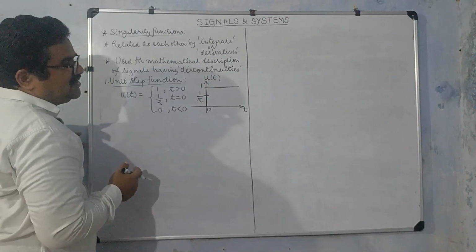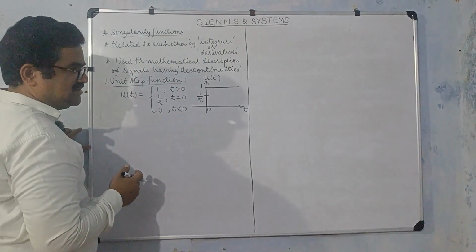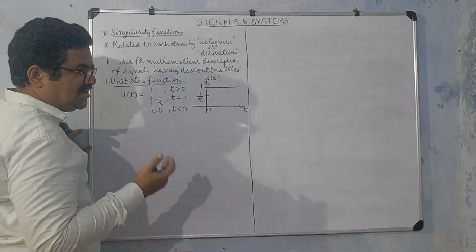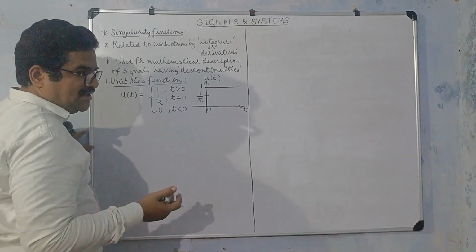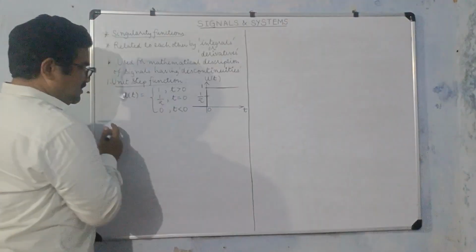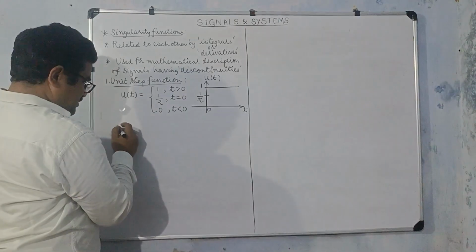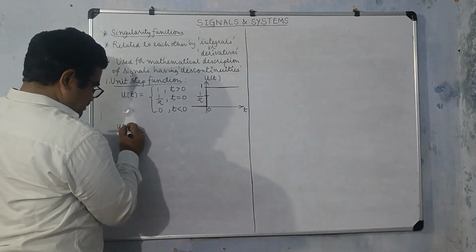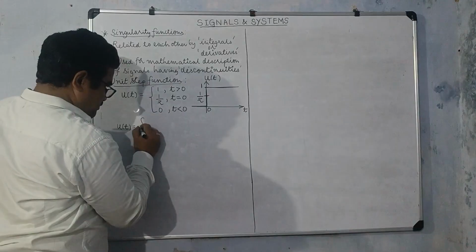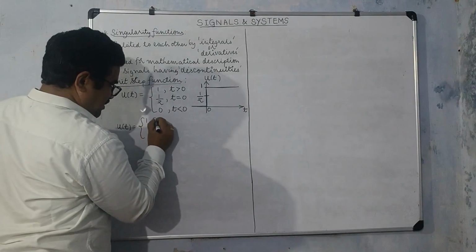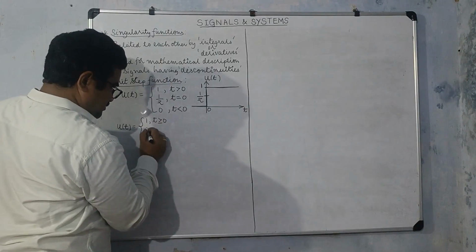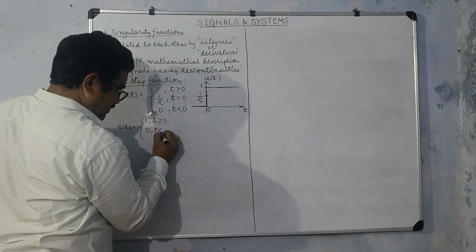There are different functional representations of the unit step by different authors or in different textbooks. Let us see all these different notations. u of t is equal to 1 for t greater than or equal to 0, 0 for t less than 0.